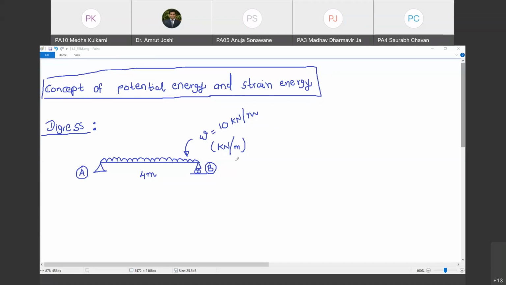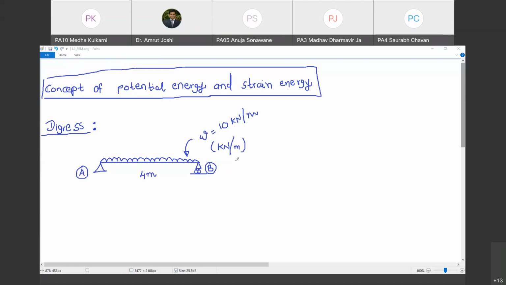And before I define what we mean by potential energy and strain energy, even before that, we are going to take a digression and we are going to solve a seemingly unrelated problem. But you will understand how it is related to the concept of potential energy and strain energy at the end of the discussion. We are considering a simply supported beam of 4 meter span, and let us have some numbers because it is always inconvenient to work with letters.